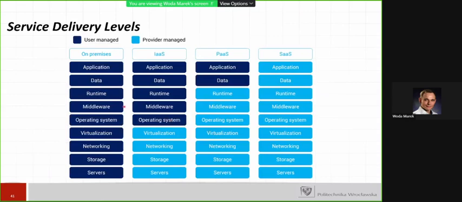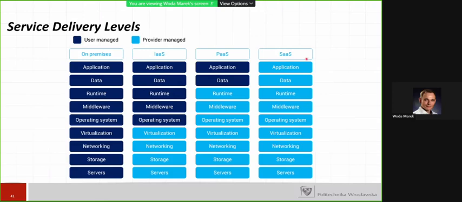The old approach was on-premise, so all the components, from the service through the application and the data, were on the customer side or our side. That has now changed into infrastructure, platform, and software as a service. So that is also good to know.